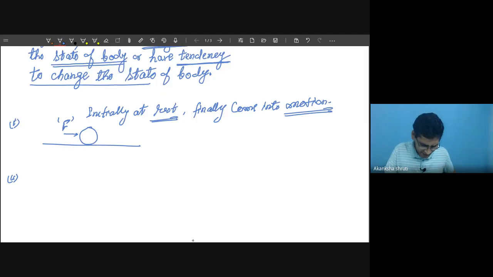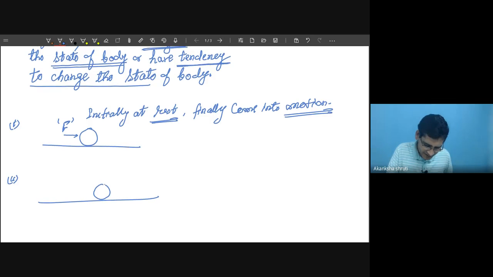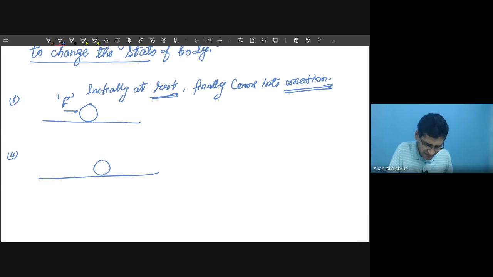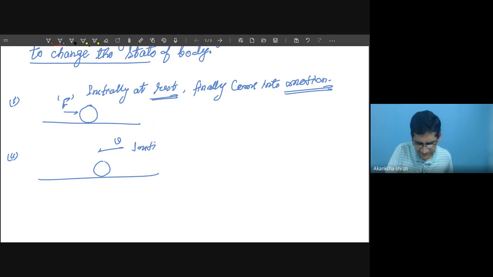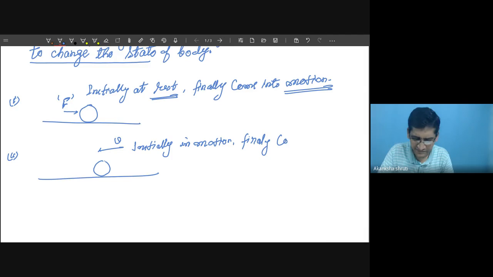while playing cricket, you observe that the ball is initially moving toward you. Consider this is the speed v. So initially in motion, but finally it comes to rest.